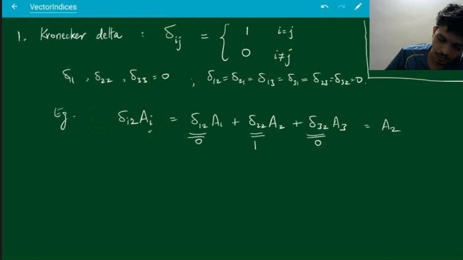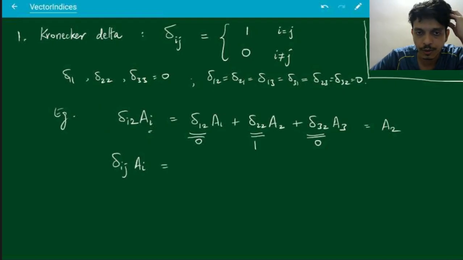We can also think about it in more general terms. So if I did delta ij ai, I can take all possible values 1, 2 or 3, but only when i is equal to j, whatever j may be, will that term survive. All other terms will become 0.